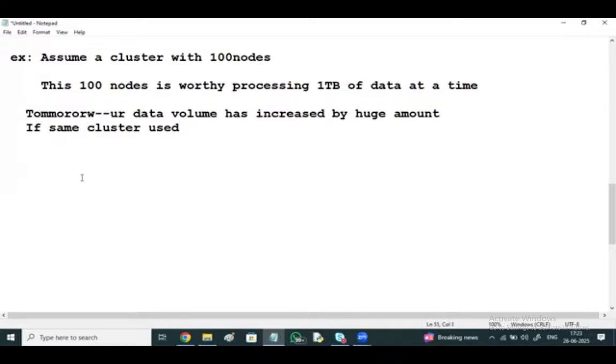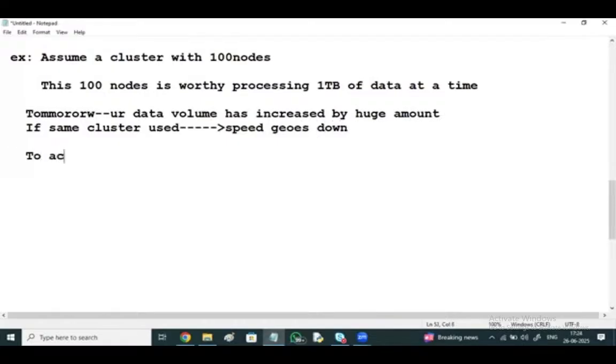Very simple: if a person carrying a 5 kg bag can run with it, and the weight increases to 10 or 15 kgs, the speed will decrease. In the same way, if the same cluster is used, speed goes down.